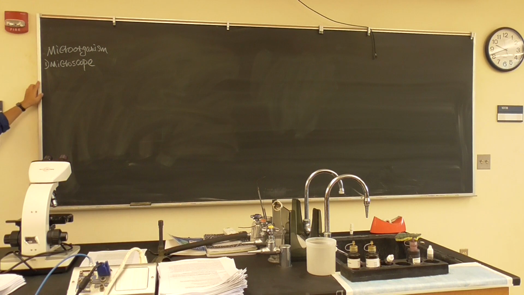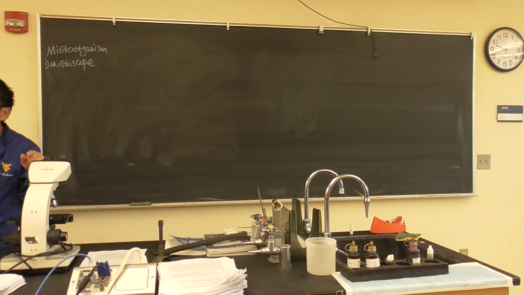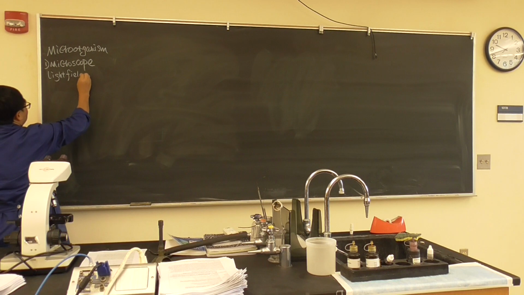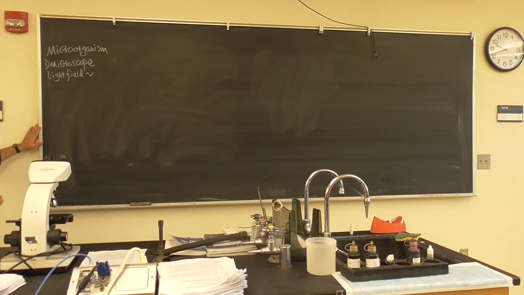And most of the microscope, or all of the microscope in this lab, we call it light field microscope. What this means is your specimen, the sample will be showing up, and the background is bright.